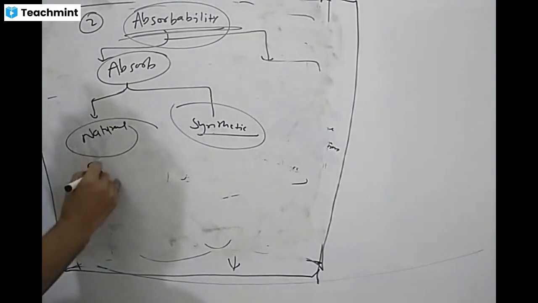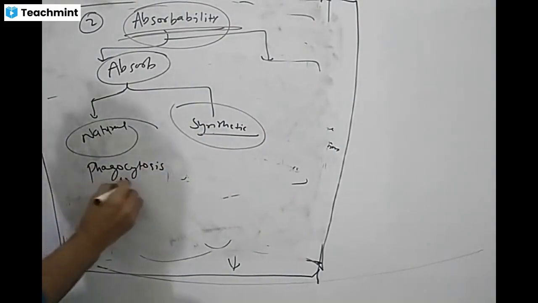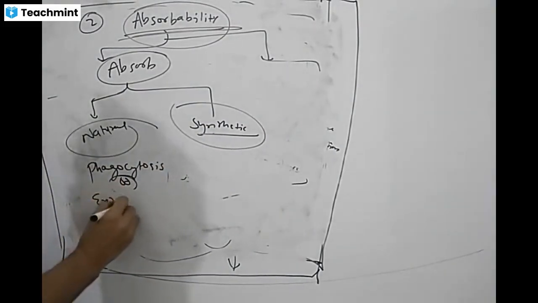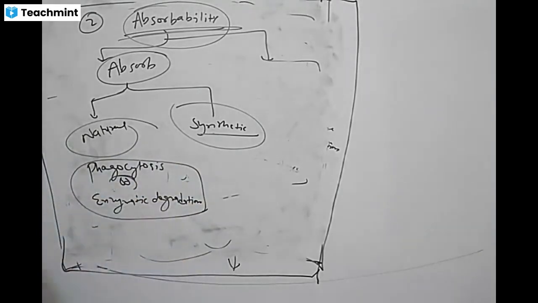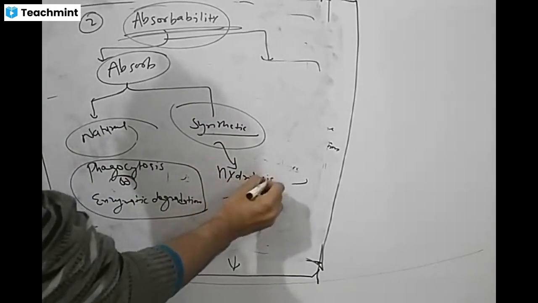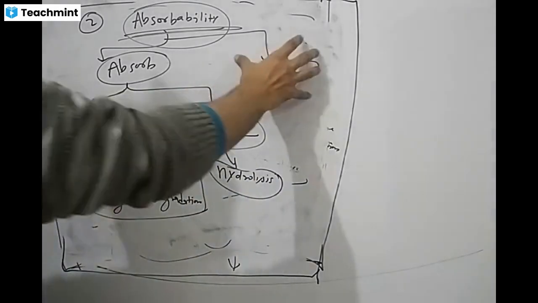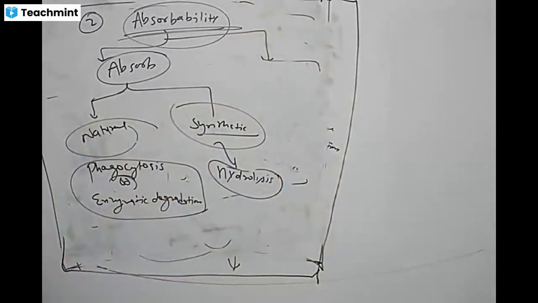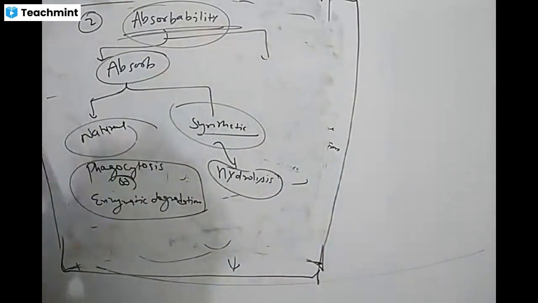They are absorbed inside the body by phagocytosis, or we can call it enzymatic degradation. This is the main mechanism of absorption of natural suture material. For synthetic, there is only one mechanism, that is hydrolysis. But non-absorbable suture materials are not absorbed by any mechanism, not by phagocytosis, not by hydrolysis.